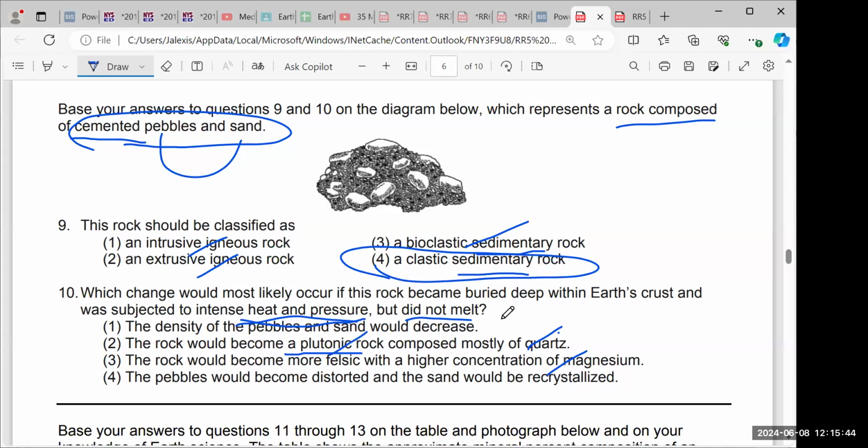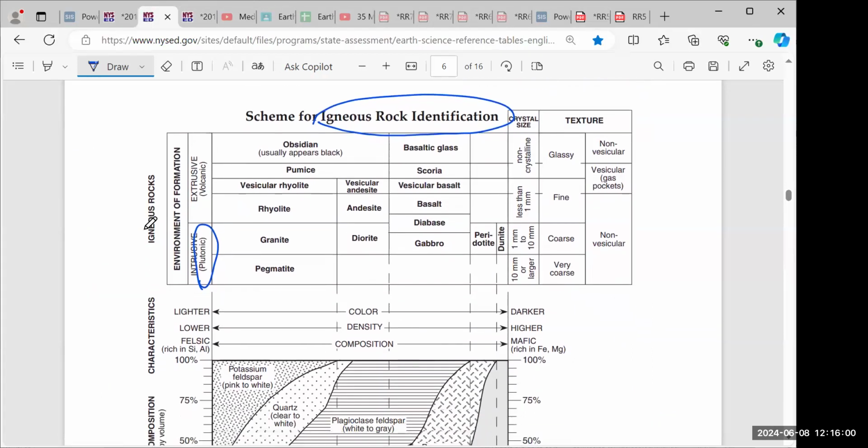It also cannot be 3 because it has a felsic composition. Rocks that have a felsic composition are also on page 6, and they would once again be igneous rock.